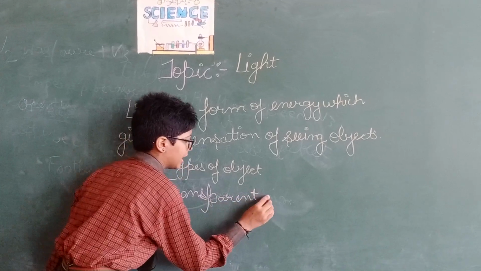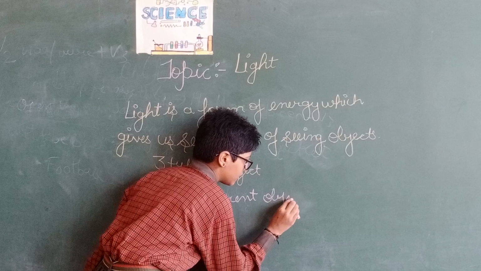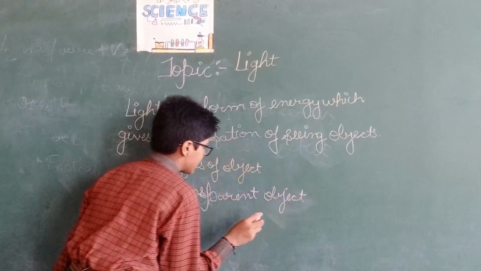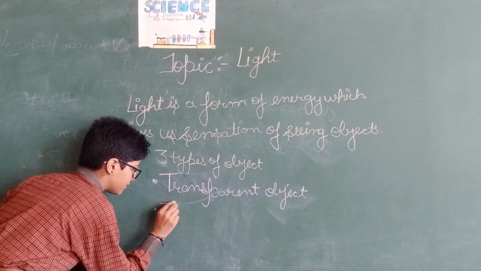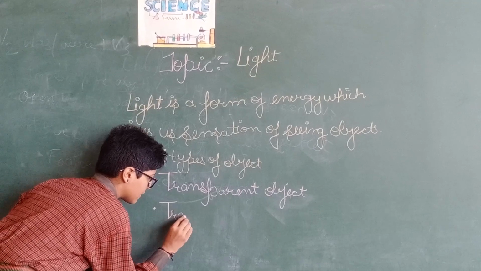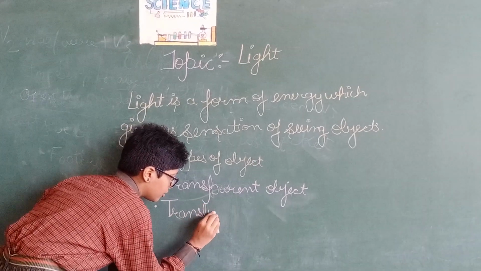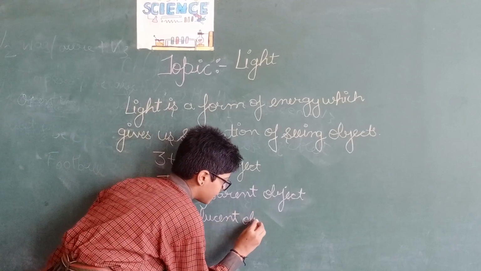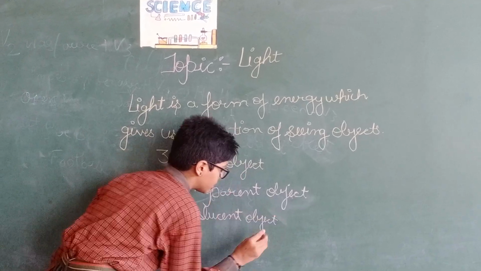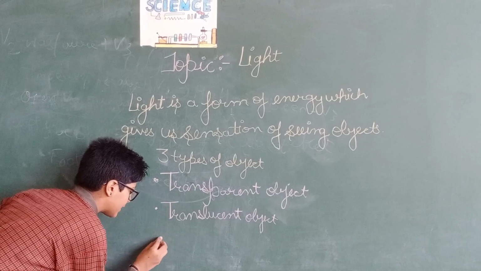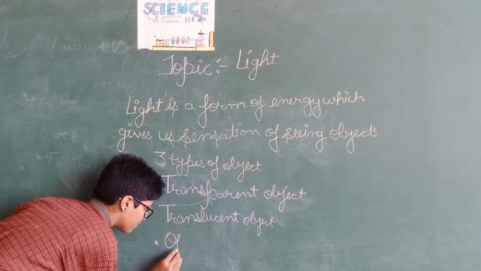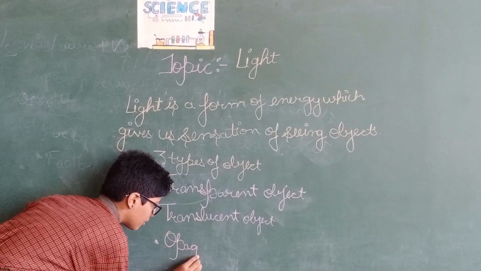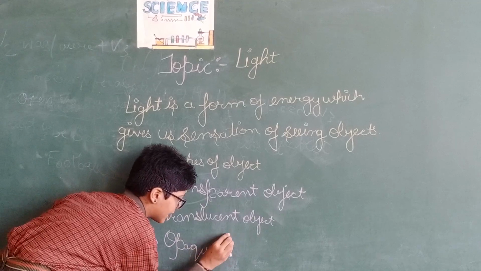Second is translucent object. And the third one is opaque object.